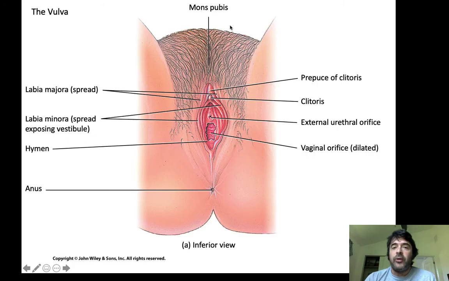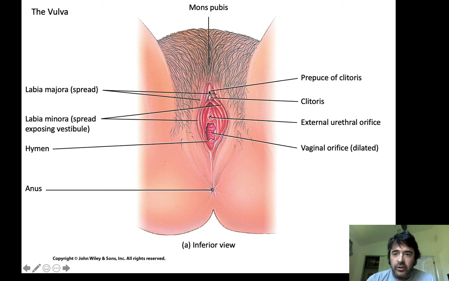Now, we have external female reproductive anatomy that we refer to as the vulva. So the mons pubis is this kind of fat pad on which pubic hair grows. And then when we look here, we have the labia minora and the labia majora. Then we have the clitoris, and a lot of the clitoris actually extends into the body. The clitoris is a much bigger structure than you think if you actually look at that tissue.